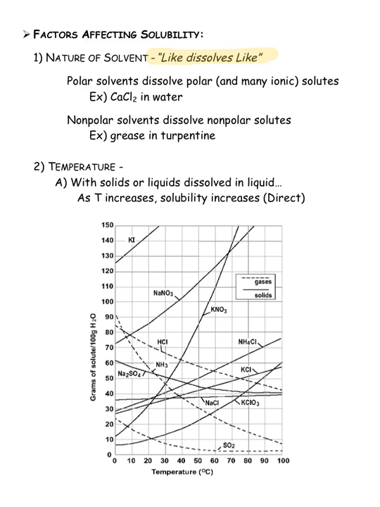So polar solvents will dissolve polar solutes, and nonpolar solvents will dissolve nonpolar solutes. That's just a very, very general rule that we use to determine if something would dissolve in a solvent.